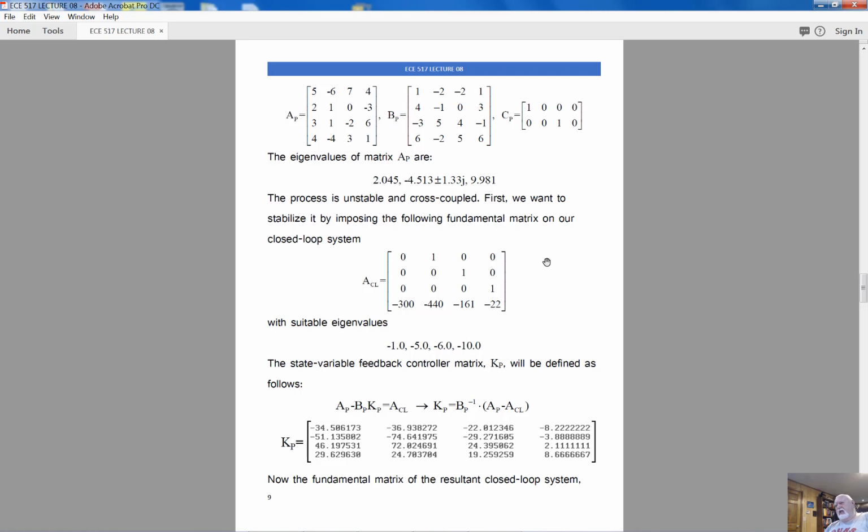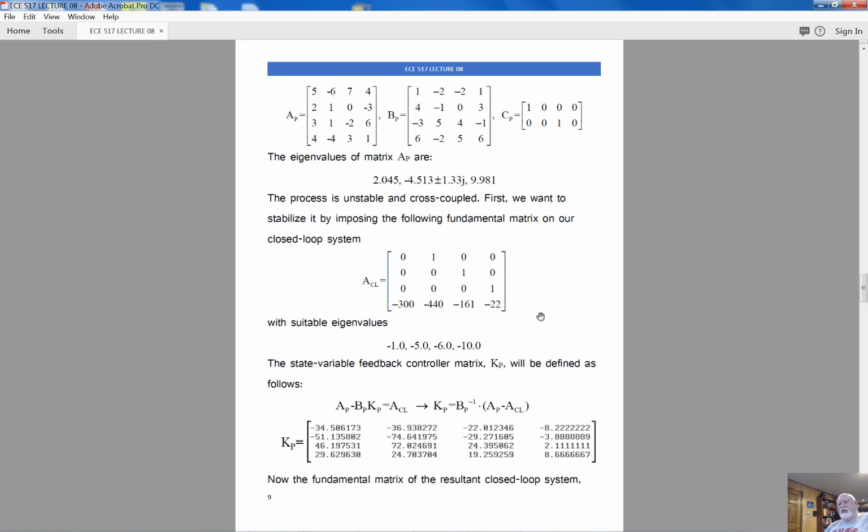First of all, we would like to stabilize the control plant by making sure that the stabilized system will have this fundamental matrix with eigenvalues -1, -5, -6, and -10. These values are arbitrary, but the task is very particular task with stabilizing this unstable control plant.